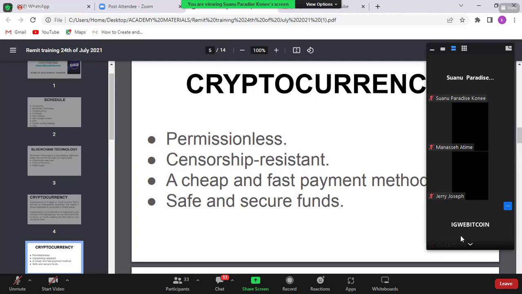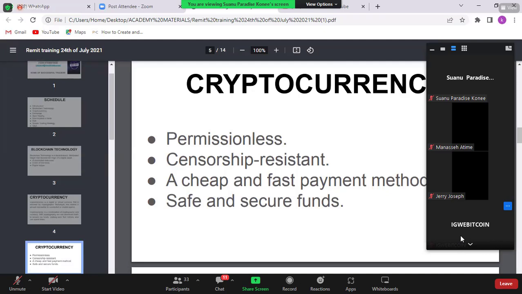When you go over to the US, they use the US dollars, right? Now, when you go over to the UK, you have your pounds. Then, when you go over to China, you have the yuan. Then, when you go over to Ghana, you have your cedis. These are all examples of what a fiat simply is, right?